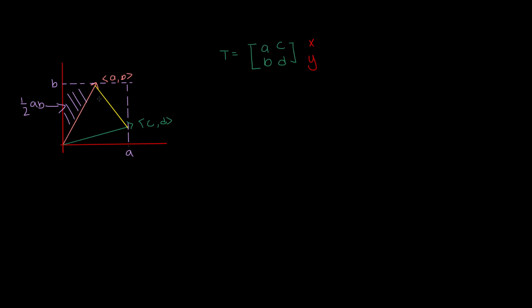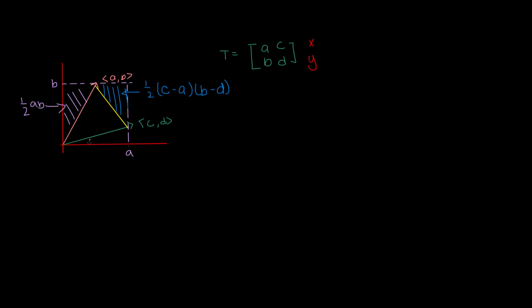Then this one right here is going to be 1/2 (C minus A), because this is the height C minus A, times (B minus D).